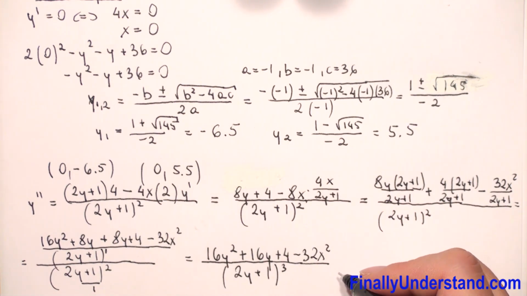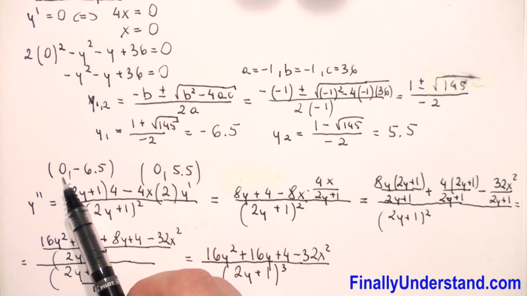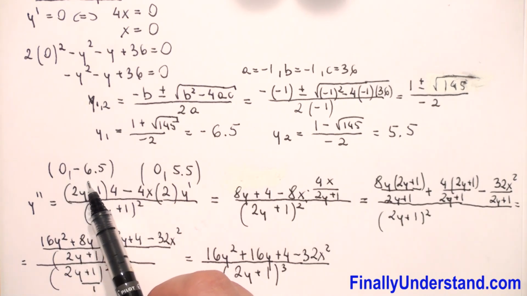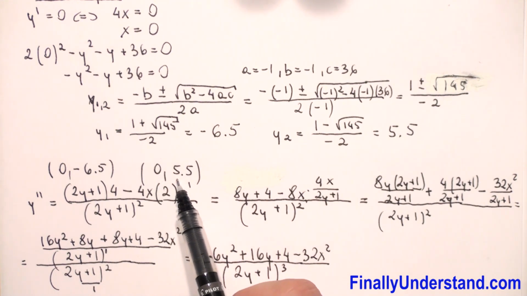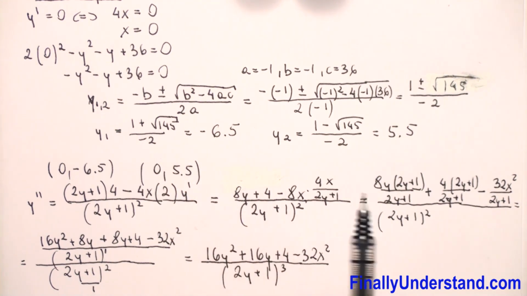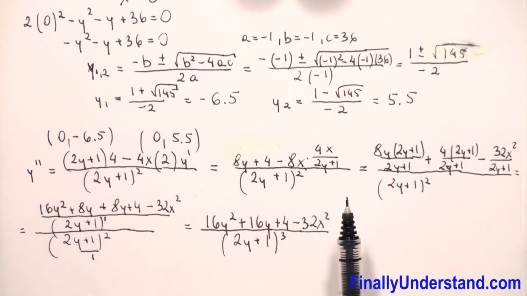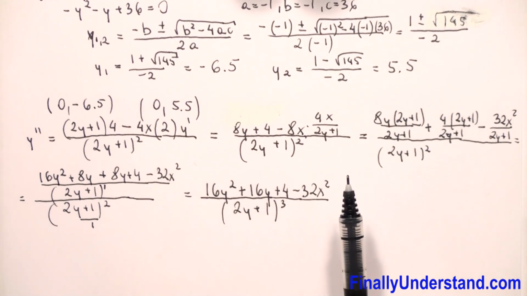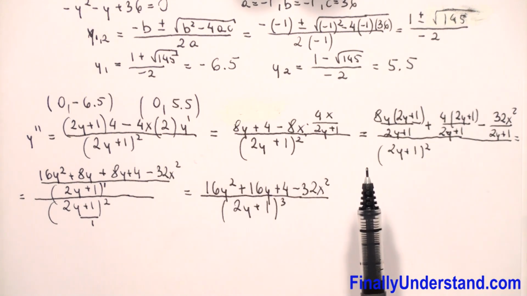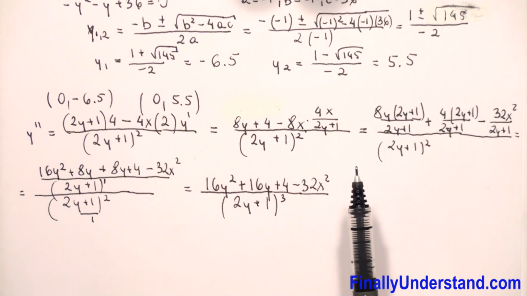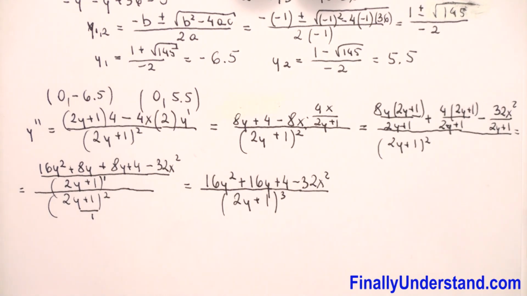Now we have to replace x and y, first by 0 and negative 6.5, and for the second point we have 0, 5.5. When we get a positive second derivative, we will have a minimum. When the second derivative is negative, we will have a maximum point.